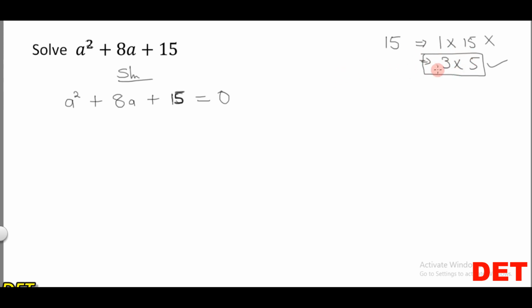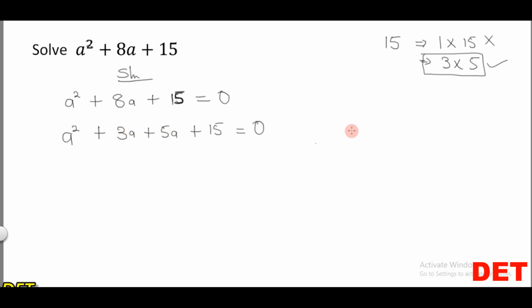Having gotten the right factors, I will replace this 8a with these factors. So this will be a squared plus 3a plus 5a plus this 15 that I have here, equal to 0.